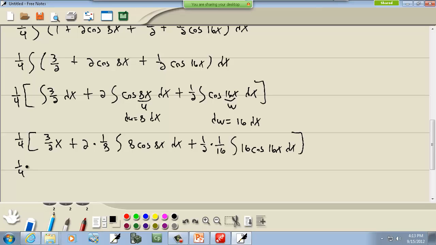Okay, so then I got 1/4 times 3/2 x, plus 2 times 1/8 is 2/8 or 1/4. And here this becomes cosine u du. This one, 1/2 times 1/16 is 1/32. And this becomes the integral, and we're using w's here, but it'd be cosine w dw.